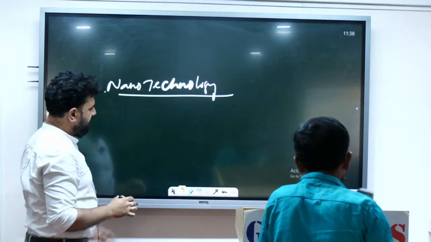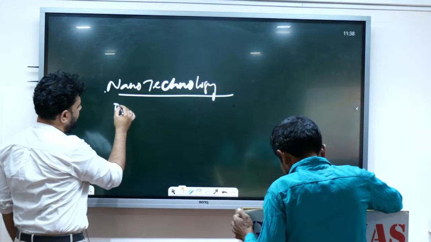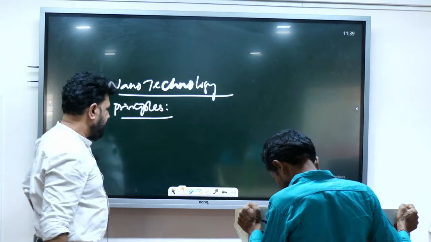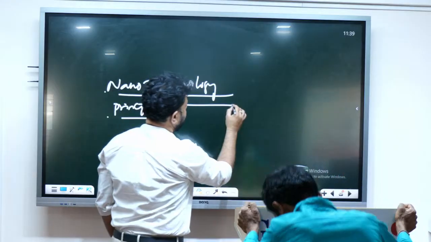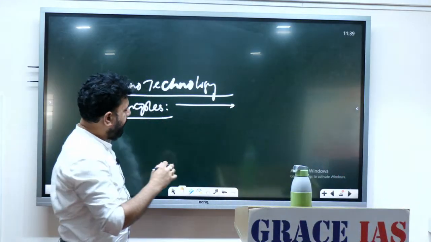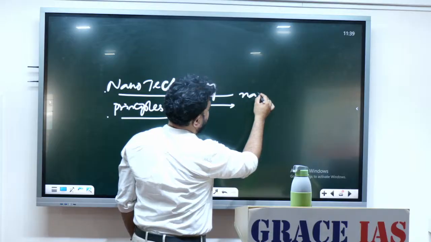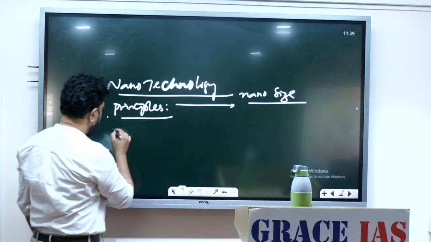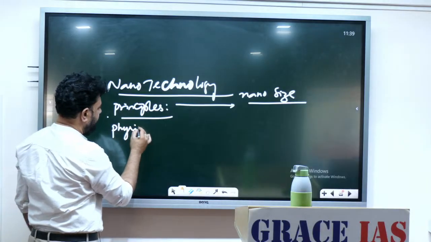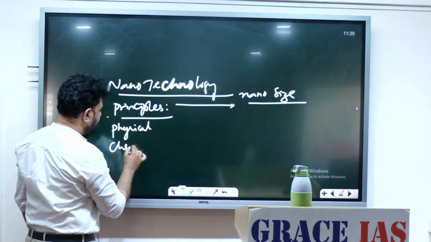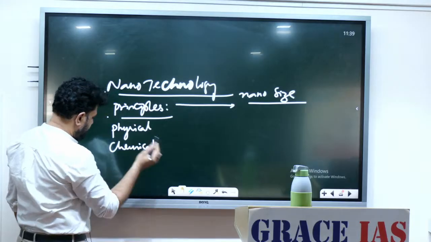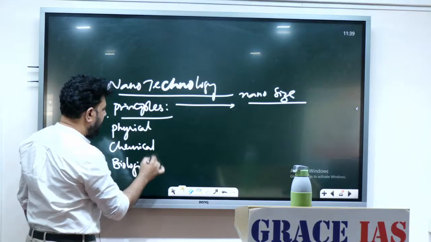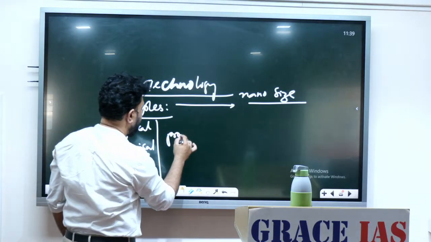So, the principles of nanotechnology, the scientific principles, as we mentioned earlier, that at nano sizes, the physical properties, the chemical properties, and of course to some extent, if there is any, the biological properties of materials would change.